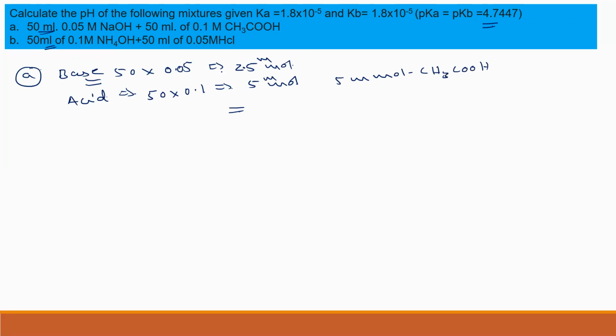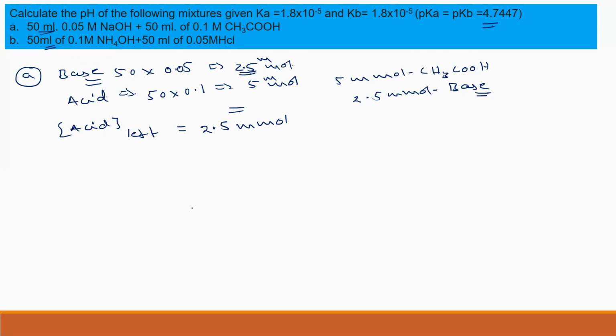In this, 2.5 millimole will be used to neutralize the base. Then how many moles of acid are left? So the acid left is equal to 2.5 millimole.